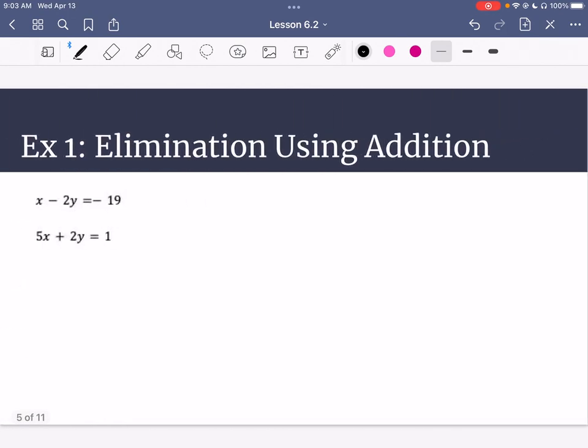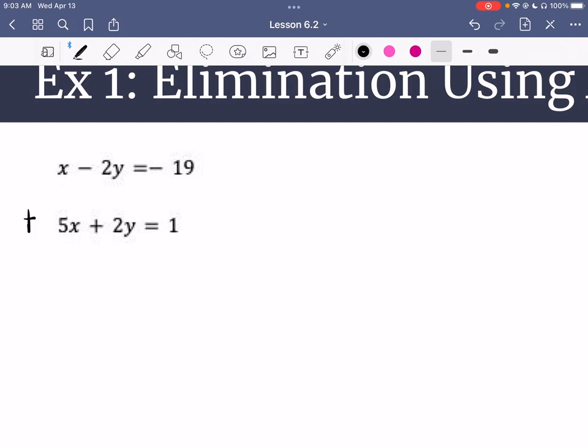So step number 2, I go ahead and add these equations together if I see that one of the variables is going to easily eliminate, which it will because I have a negative 2y and a positive 2y. So you need to have opposite signs and the same number, same variable, to be able to cancel those out.